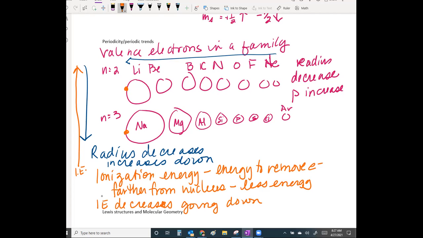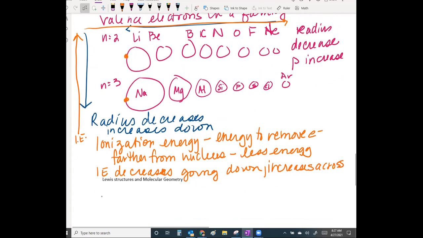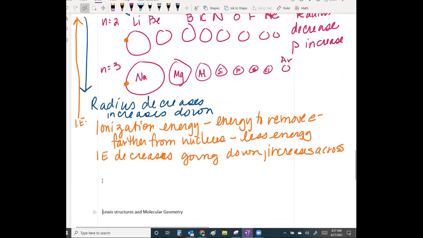It increases going up, and then it increases going across. Okay, so it's kind of the opposite. The same goes for electronegativity. Electronegativity is just how attractive the electron is.